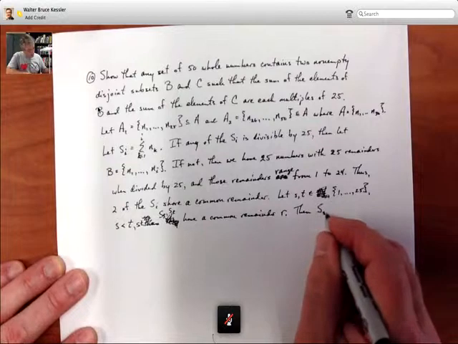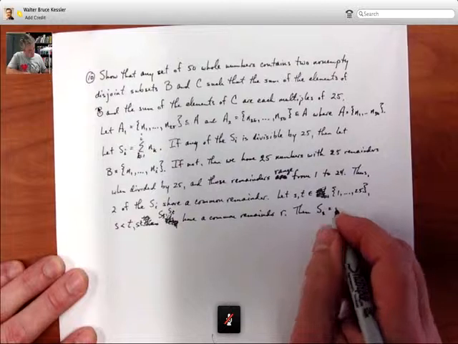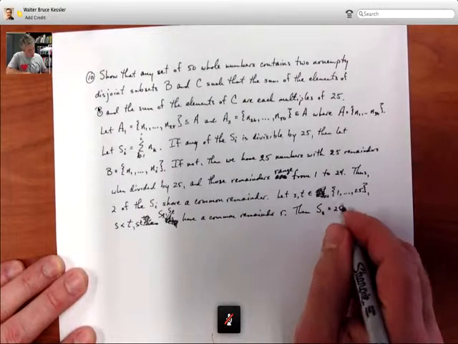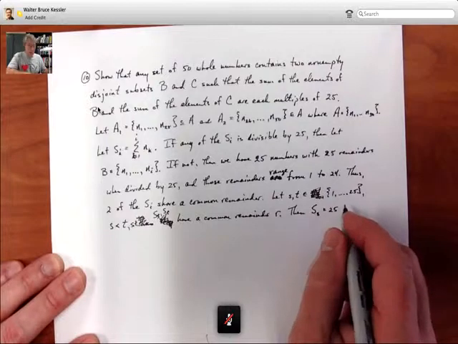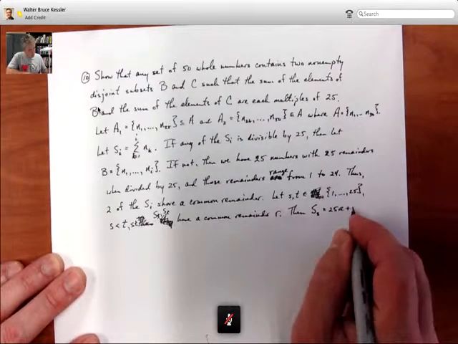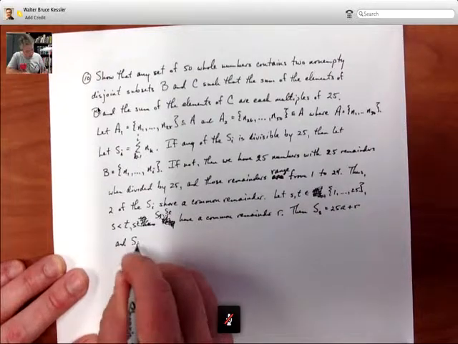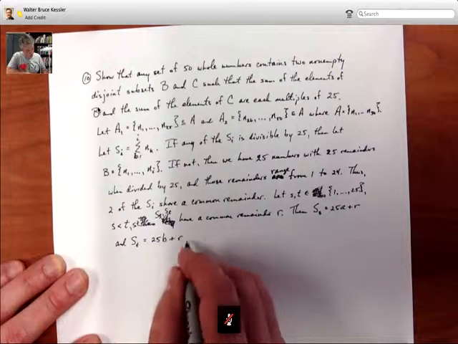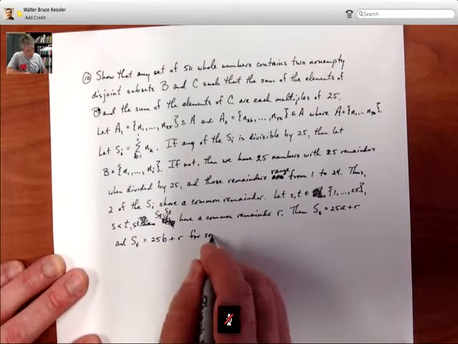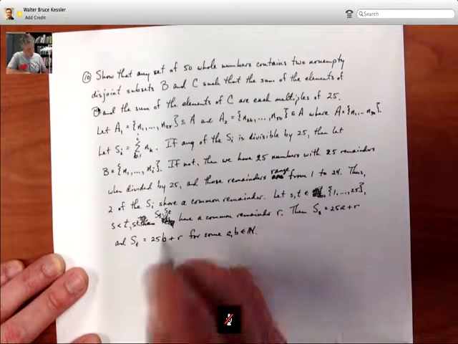That means I can write S sub s as 25 times a plus r, and S sub t is 25 times b plus r for some a, b natural numbers.